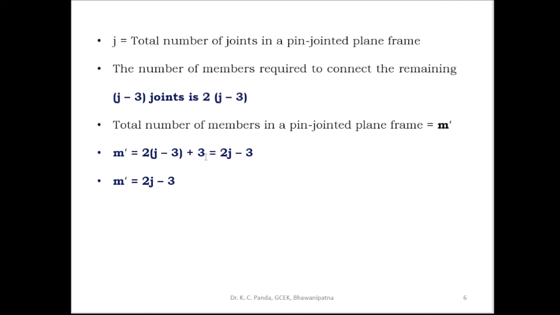So M dash is equal to 2 into J minus 3 plus 3. After simplification, M dash is equal to 2J minus 3. So if M is equal to 2J minus 3, then this is the determinate structure.